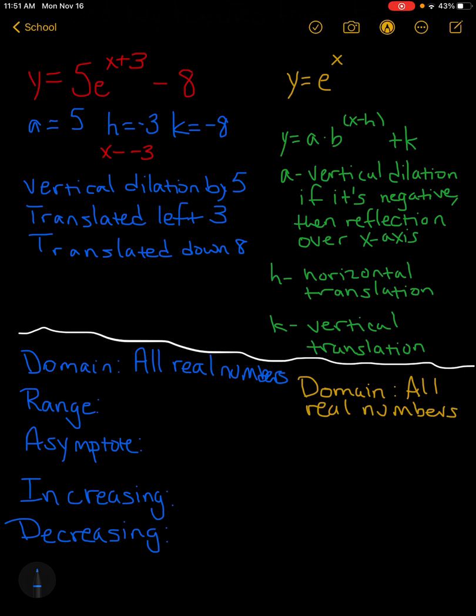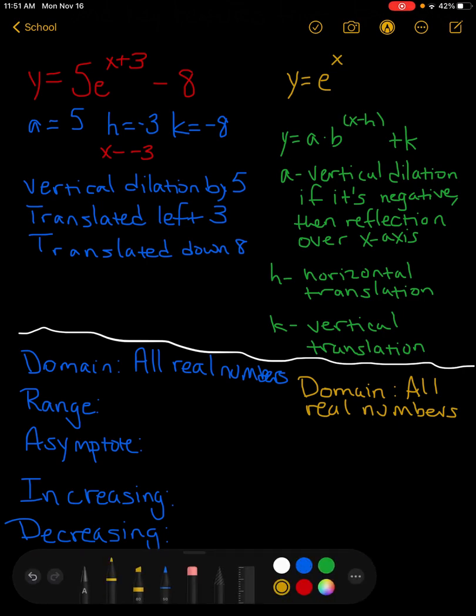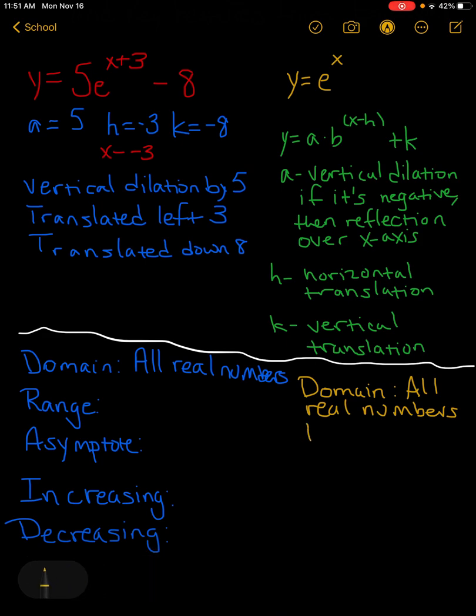The range for my parent function here of e to the x for all basic exponentials, well, my range has always been affected by that asymptote. The asymptote is the values the graph is approaching but never touching. And the asymptote for parent functions is always 0. So my range values have always been y greater than 0.